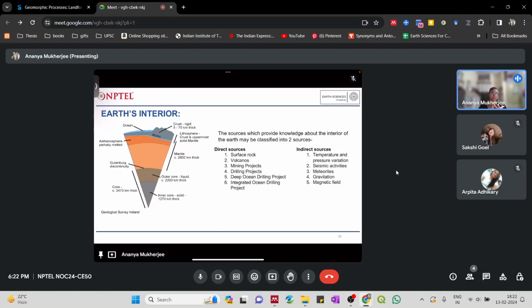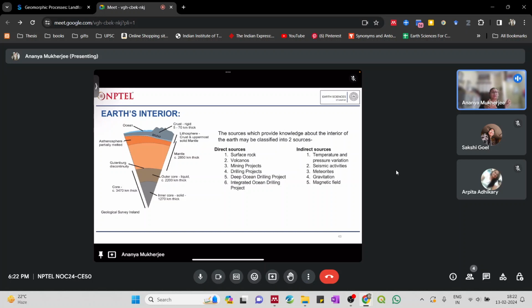So you can have surface rock samples, volcanoes, then mining, drilling projects, the Deep Ocean Drilling Project, and the Integrated Ocean Drilling Project. When they drill, or when mines are created, they collect samples while the drilling is going on or while the mines are being constructed.